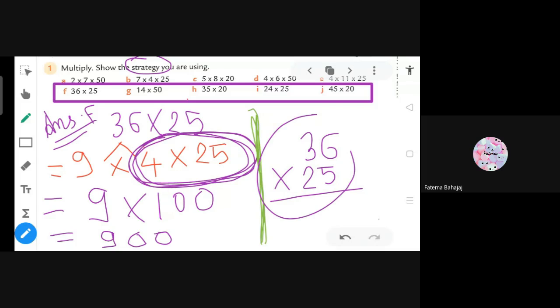Check your answer this way and then tell me whether you got 900 or not. Yes, ma'am, I got 900. Okay. Every time you don't have to check your answer that way. We have to do it using the strategy only, mentally, without doing the long method.